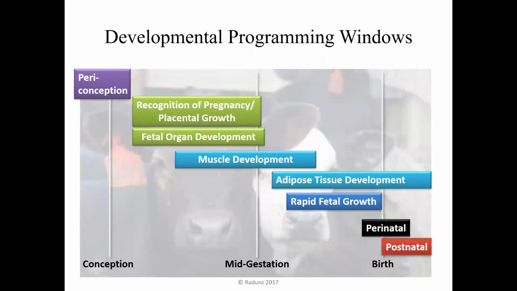So let's look at the impact of cow health and nutrition and the impact on the calf's health and long-term productivity. If we look at developmental programming windows during gestation, what we find is that muscle development starts occurring at the early stages of mid-gestation, and muscle development is critically important and related to cow body condition and protein status, because a muscle is multinucleated.